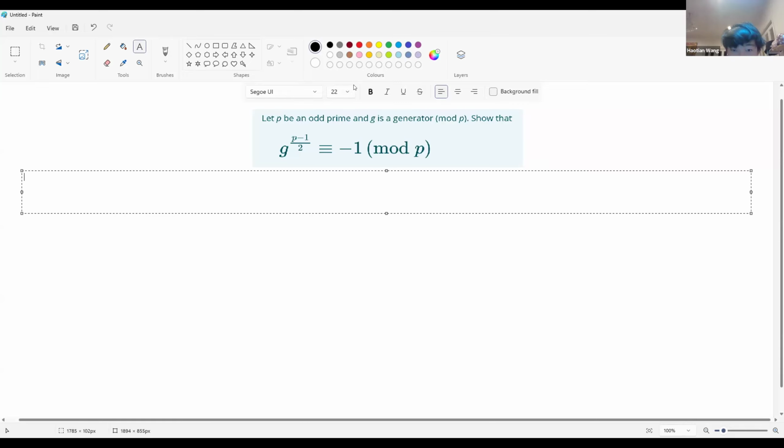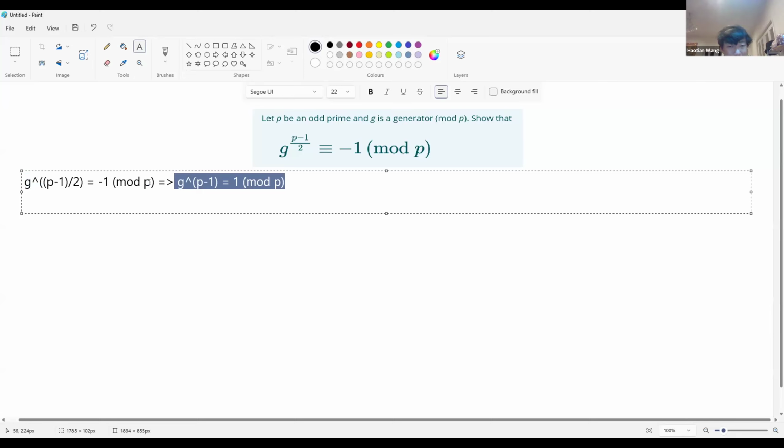And it's very reasonable to make this mistake because we know G to the P minus 1 over 2 is congruent to negative 1 mod P, and the power P minus 1 reminds us of Fermat, right? And it's very easy to get from this to that by just squaring both sides, and that's very reasonable to think of.